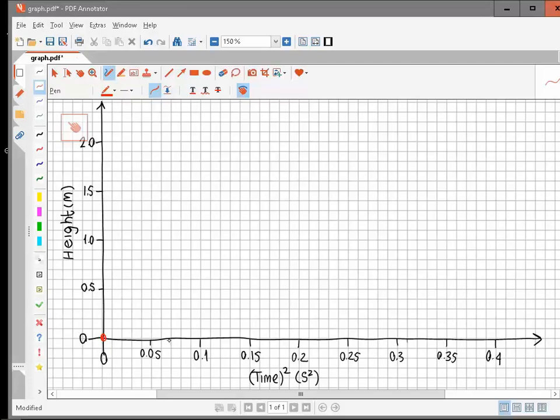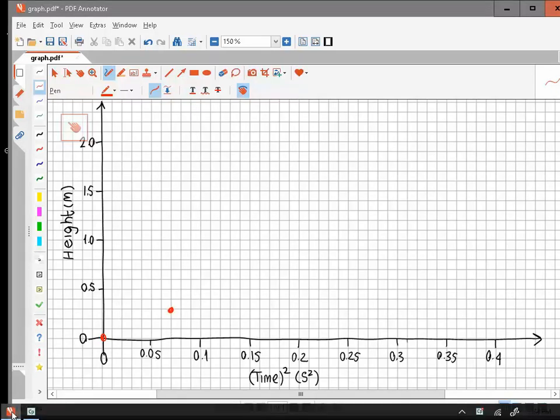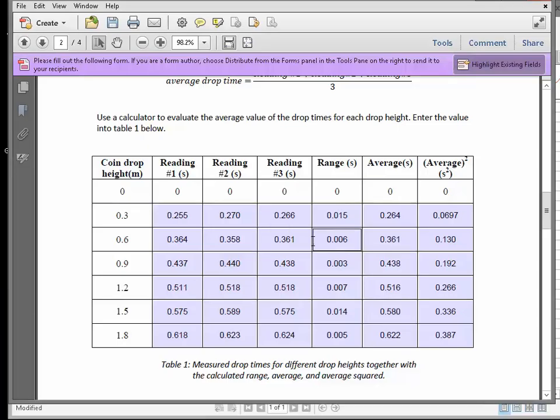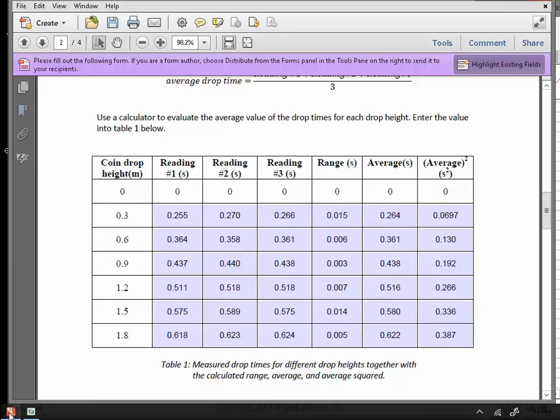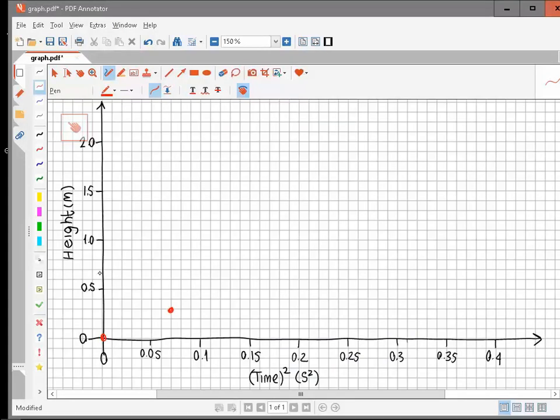So 0.07 will be around here, and then the 0.3 is right there. Now let's do the next one. That will be 0.6 and 0.13. Here's 0.6, here's 0.1, and 0.13 is 1, 2, 3.